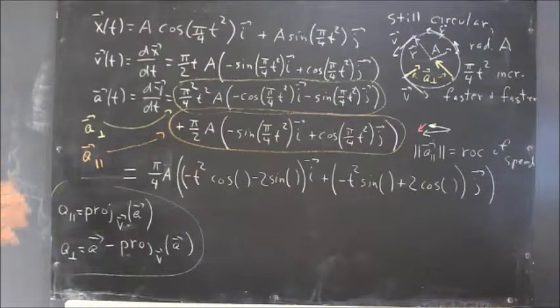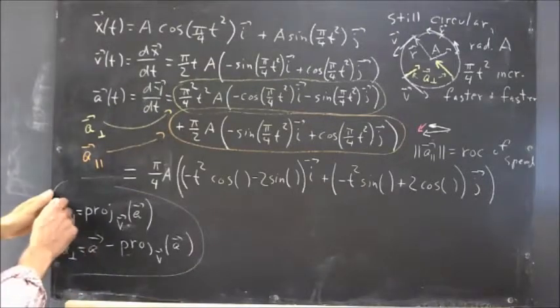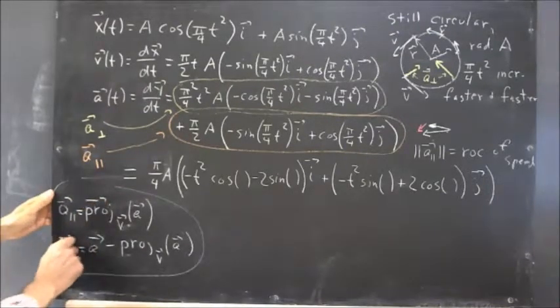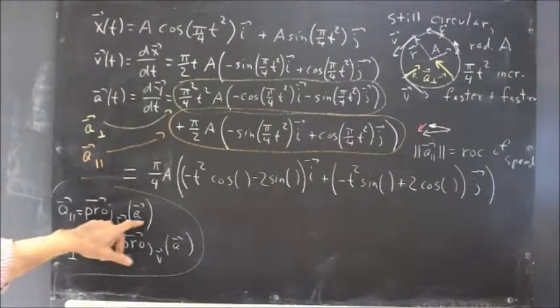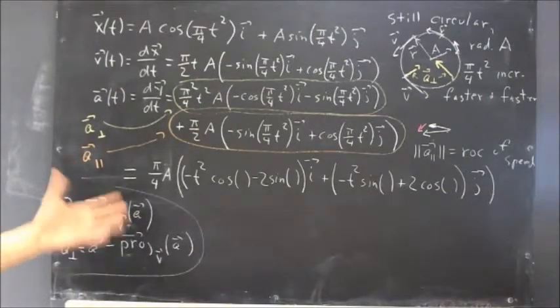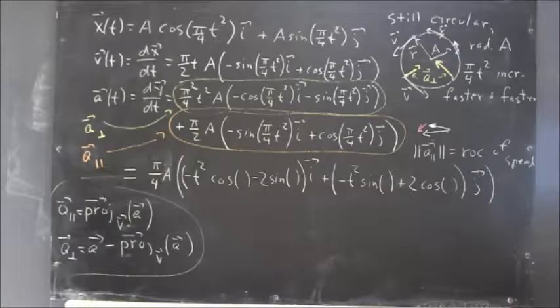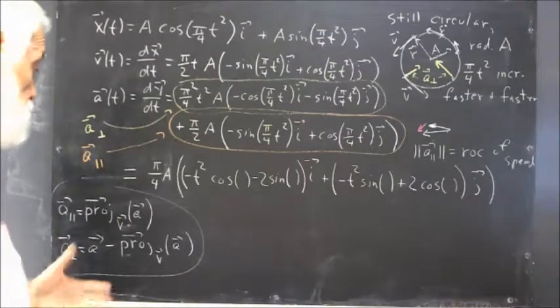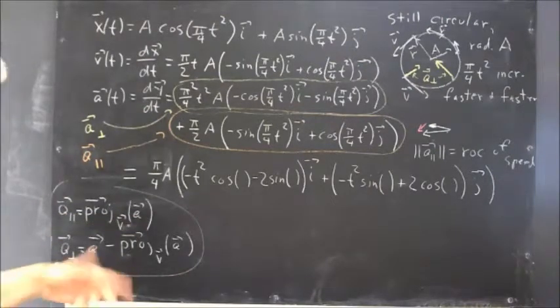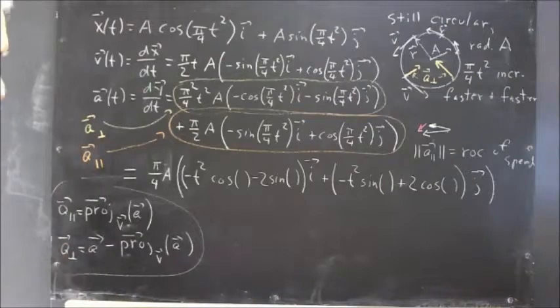Now, we know that we can calculate A parallel by projecting the A vector on the V vector. Saw that previously. And we've pretty much done that. Okay, so that's actually a fairly simple calculation. You should actually do that calculation.